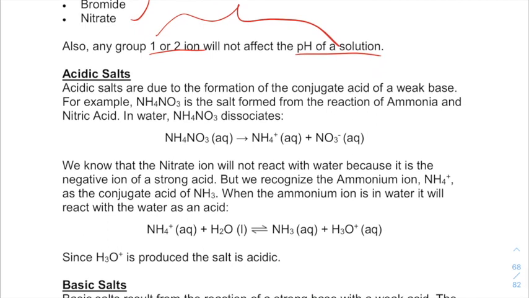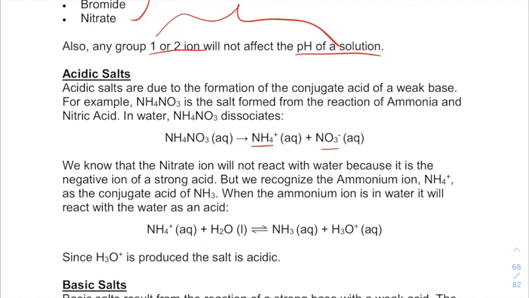Now, if you choose any of the other ones, then you might have some problems. So acidic salts are due to the formation of the conjugate acid of a weak base. For example, ammonium nitrate is the salt formed from the reaction of ammonia with nitric acid. In water, ammonium nitrate dissolves to form ammonium ions and nitrate ions.